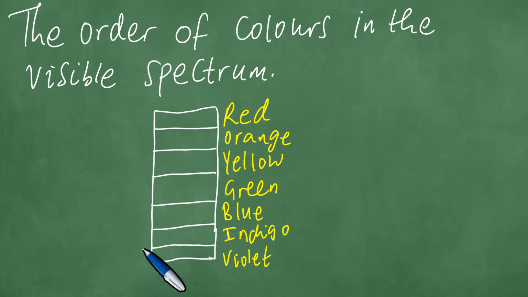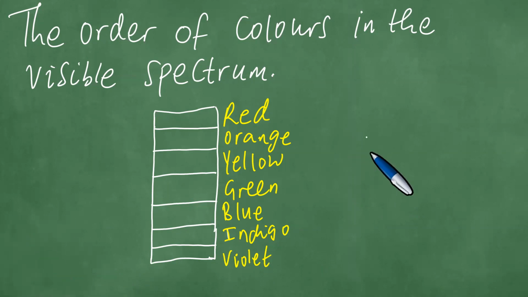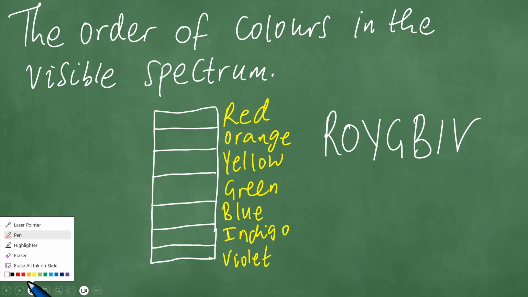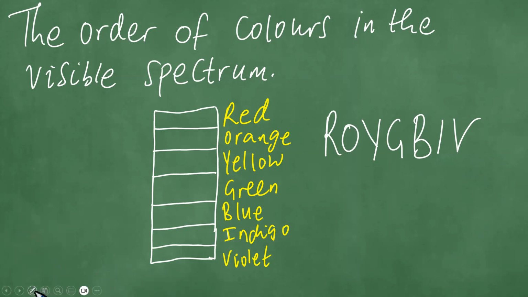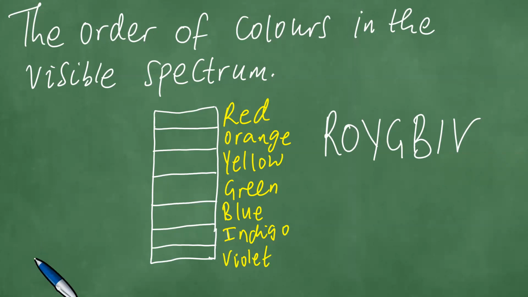So what they form is the acronym called ROYGBIV. What does ROYGBIV stand for? Red, orange, yellow, green, blue, indigo, violet. Well done. Excellent stuff.